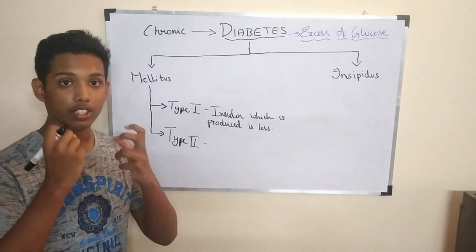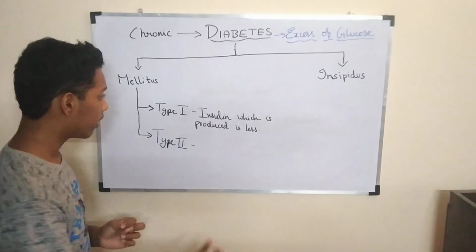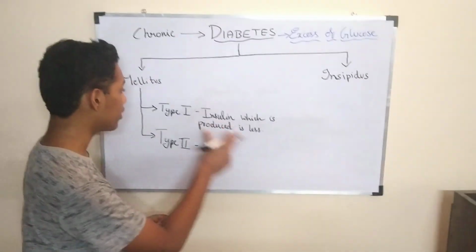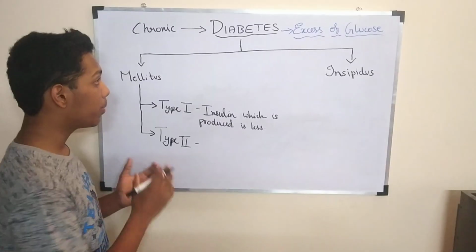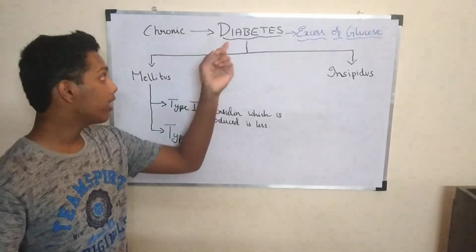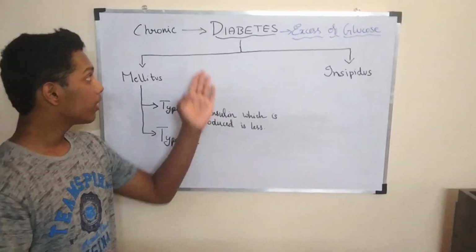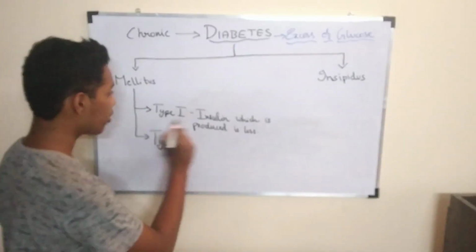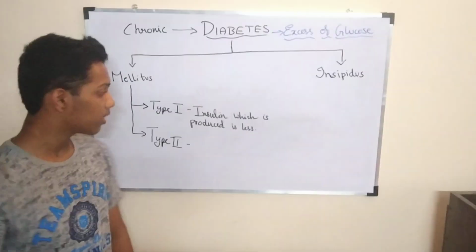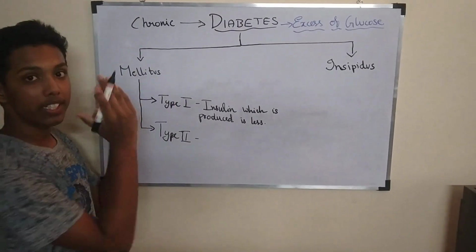Glycogen is the form in which our body can store glucose, right? Insulin produced is less in type 1 cases, so there will be less conversion of glucose, and there will be an excess of glucose in our body. And what did I say about diabetes? If there is an excess of glucose in blood, you can get diabetes. So in type 1 people, insulin production is very low. With this, they get diabetes, and it is classified under diabetes mellitus.